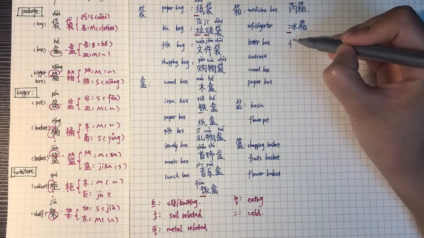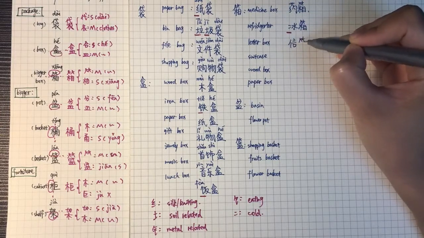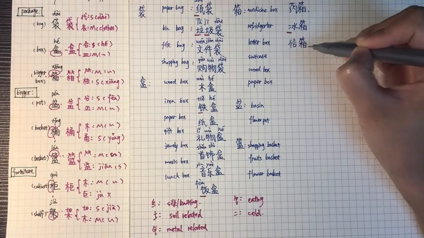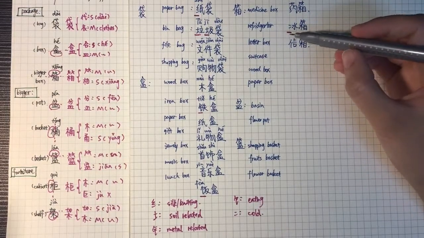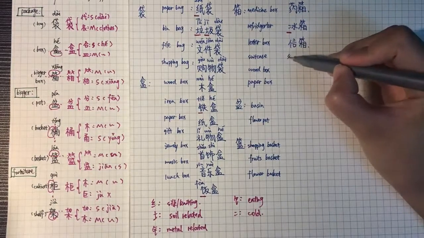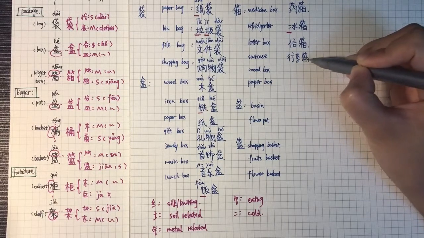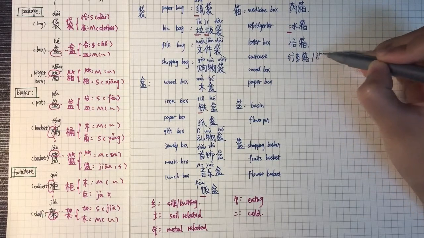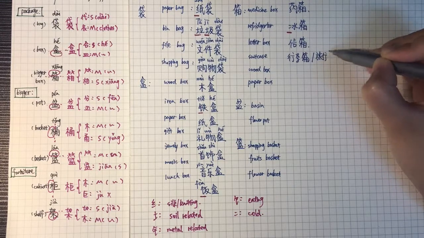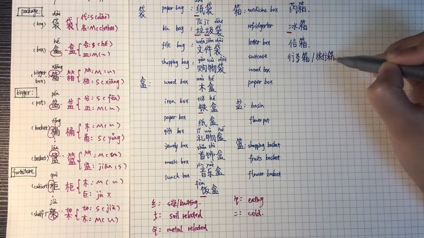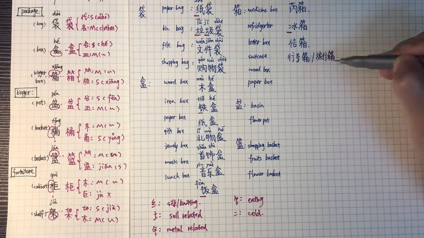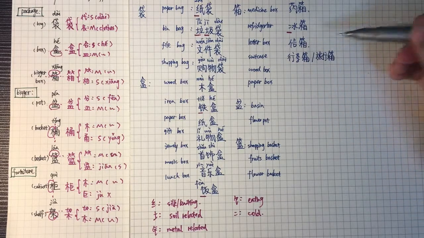Letterbox, 信箱. And suitcase, 行李箱, or 旅行箱. 行李 means your luggage and 旅行 means travel.